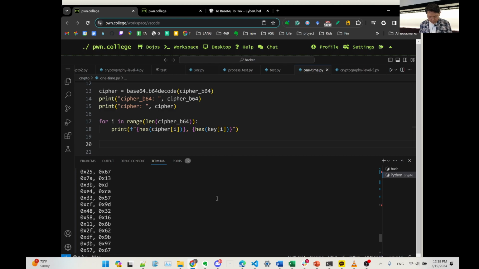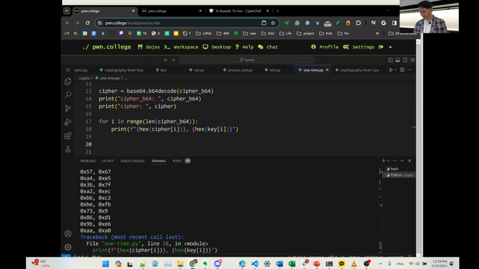So you can see they print out each key and ciphertext. So you just need to XOR these two values, which gives us the plain text, right? So that is not difficult, maybe.